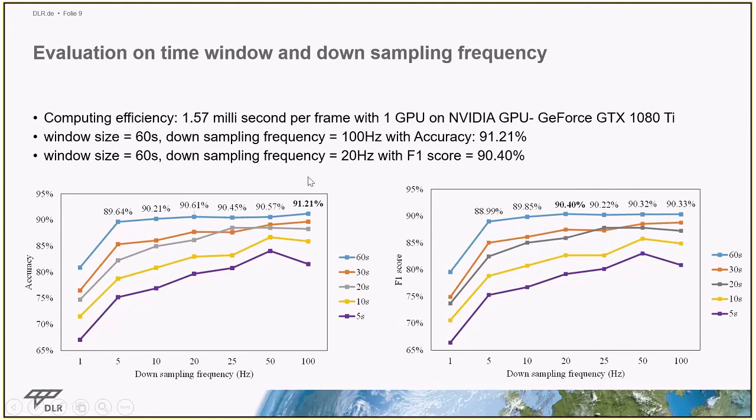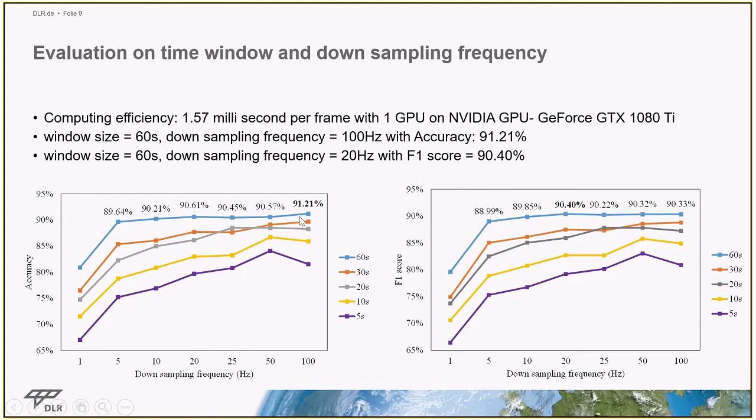As mentioned, different time window sizes and downsampling frequencies are tested. The figure on the left is accuracy. As the window size increases, the accuracy also increases. When the downsampling frequency is only 1 Hz, the accuracy is relatively low, and then the accuracy is a bit stable.